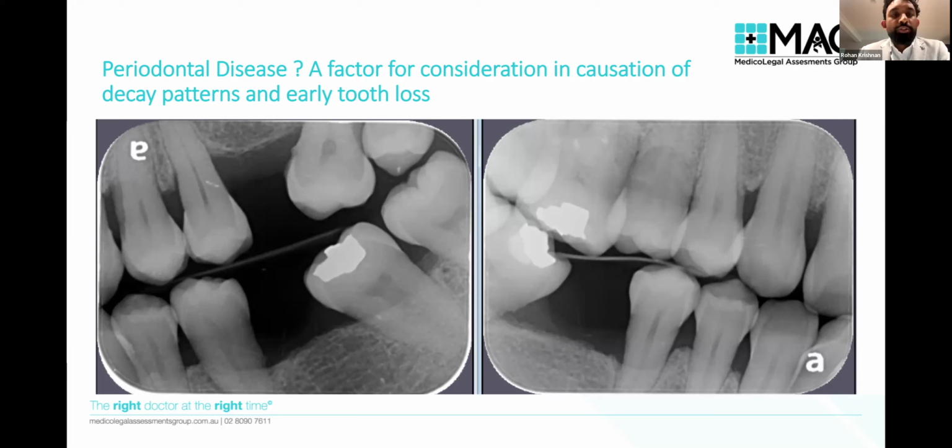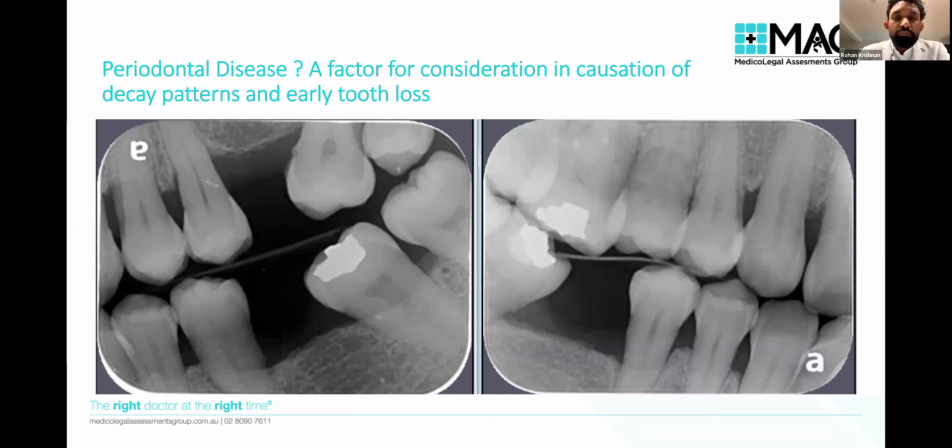However, if they don't look after their teeth well, and the medical and immune factors we looked at before, the protective factors, are being outweighed by the bacteriological factors, then we get disease progression. Now, why is this disease entity so important in determining causation for dental decay or breakdown?